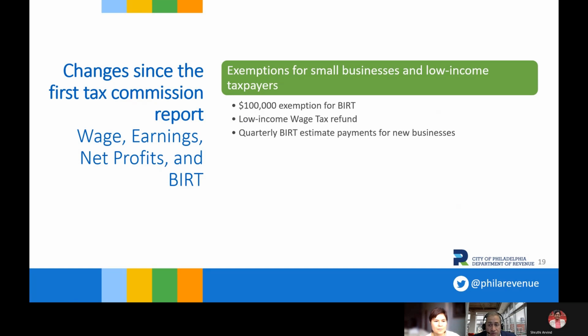And finally, new businesses can also pay their BERT estimates in quarterly payments for when they file their second year BERT return. These would be the estimates for the third year. They have an election to make quarterly estimates, or they can also make one large, 100% estimated payment.